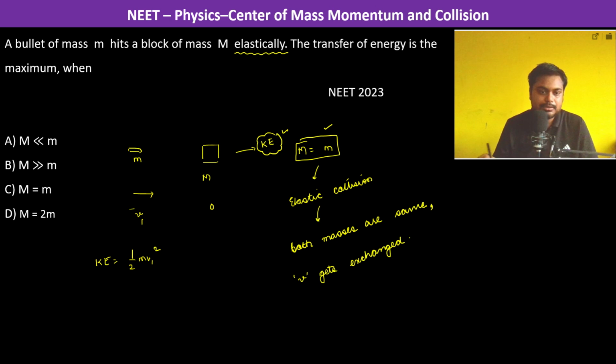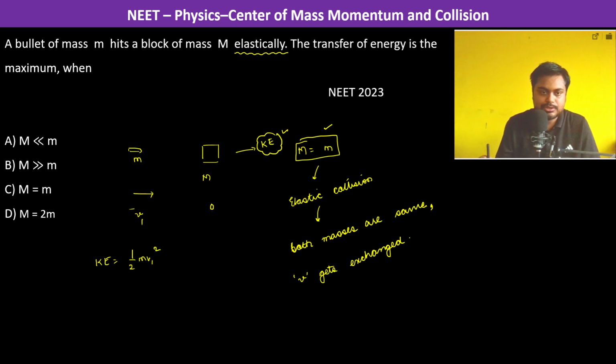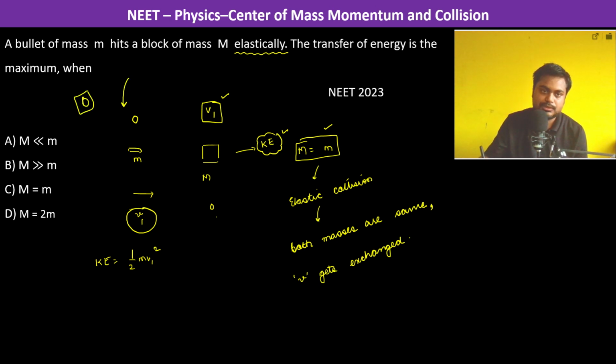So that means what? That this was having the velocity v1, this was 0. So now this will become 0, and this will have a velocity v1. So we can see that the kinetic energy which is possessed by small m is 0. So therefore the entire kinetic energy is transferred to capital mass M.